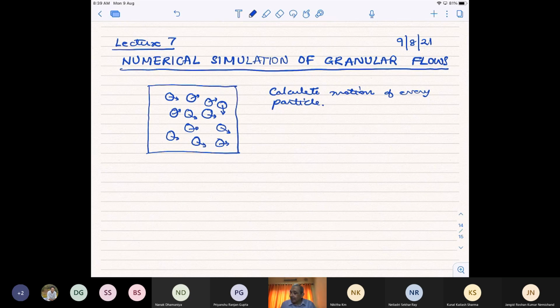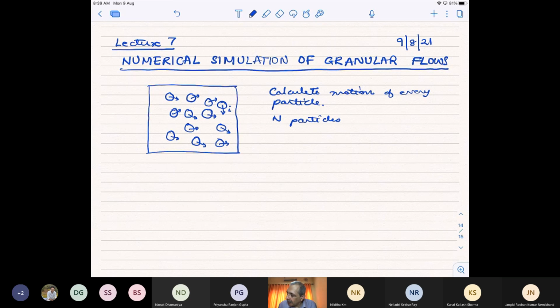So suppose we have not just one particle, but let's say we have n particles in the system, and we call each particle by an index i.